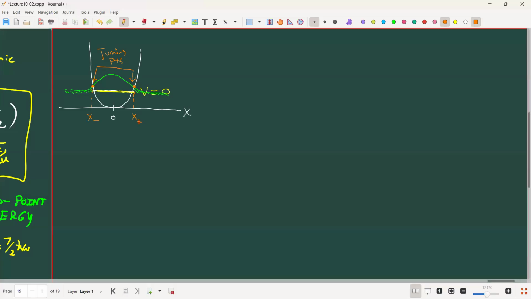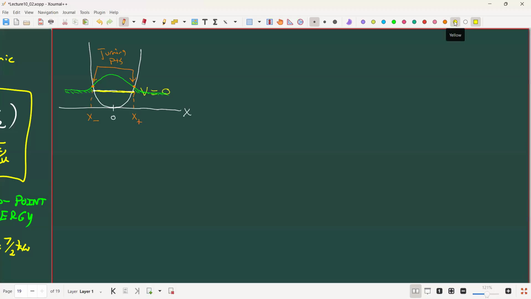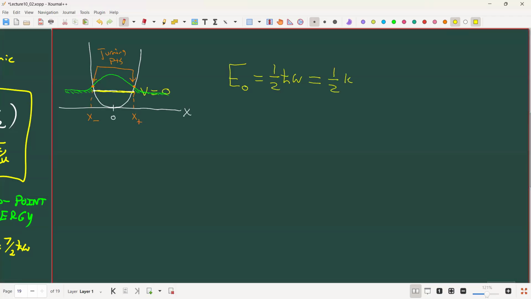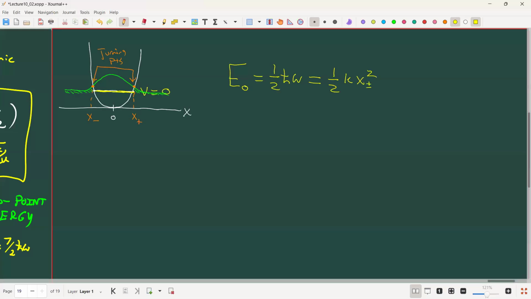Those are the turning points. x plus or minus appears where the energy of the vibration E0, which is 1/2 h bar omega, is equal to the potential, which is 1/2 k x plus or minus squared. I want to see where those two things match.